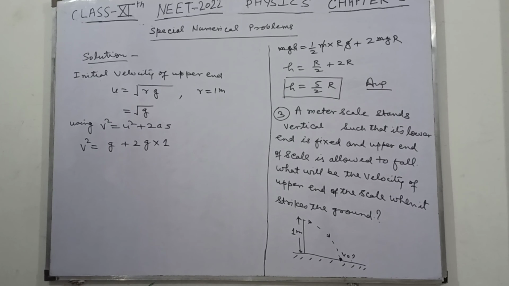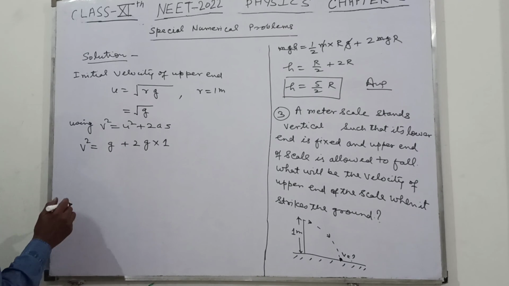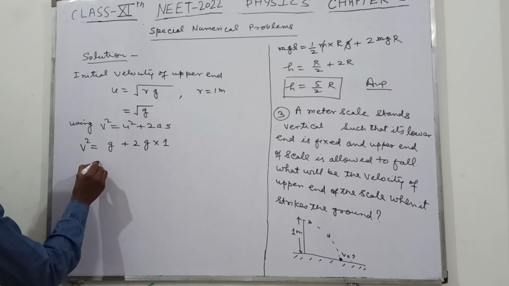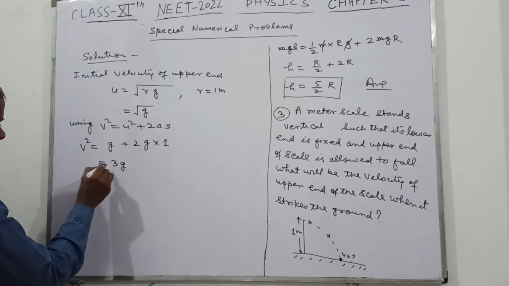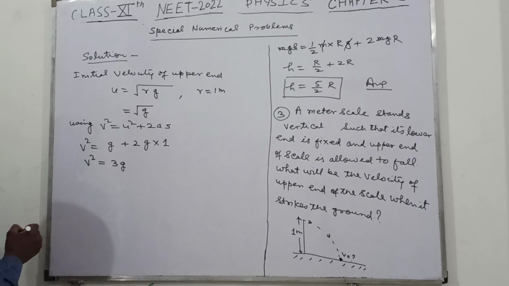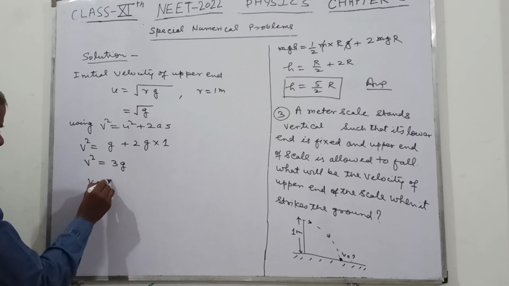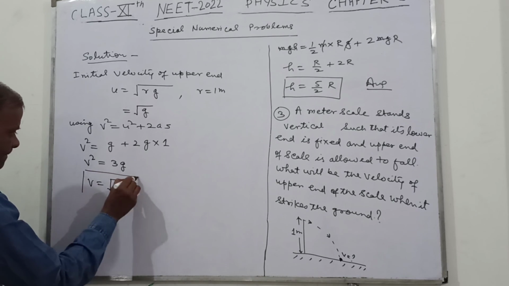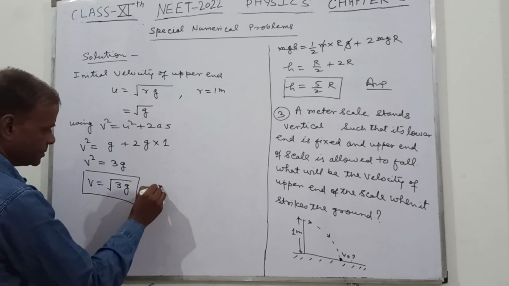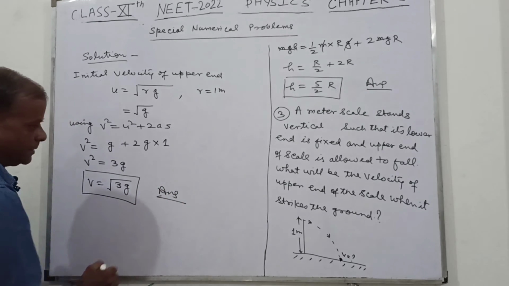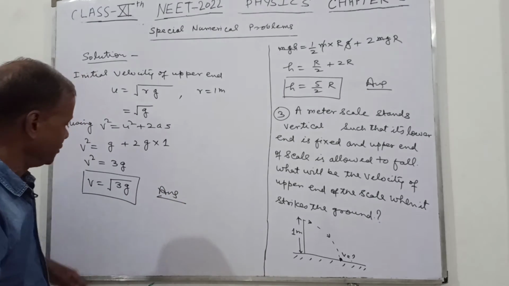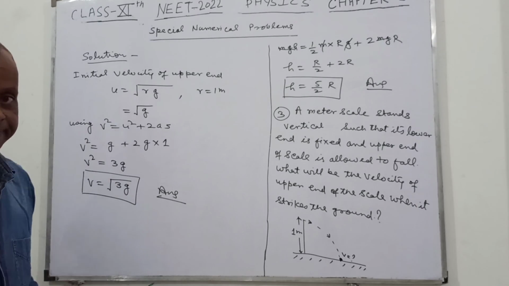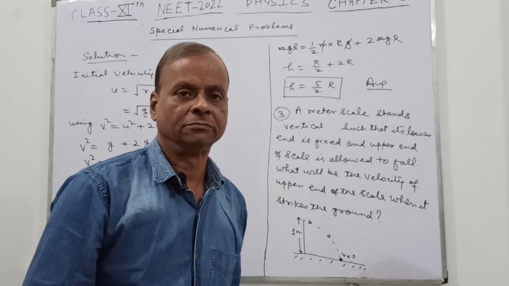This equals 3g. This is now v square. So v equals square root of 3g. The upper end will strike the ground with a speed of square root of 3g.